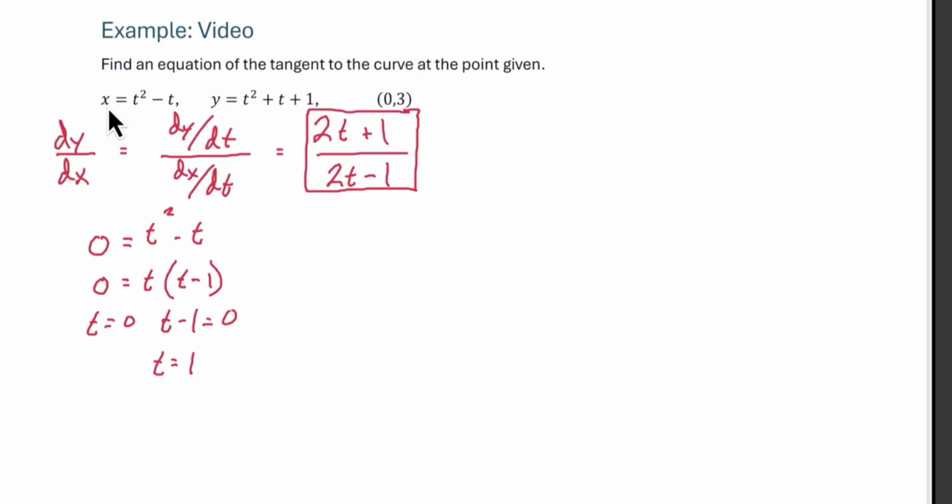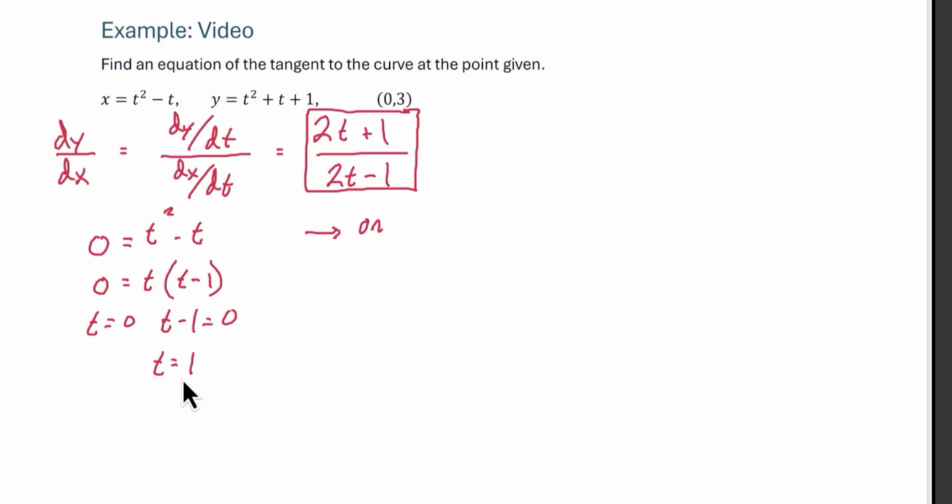Now, only one of those will give us the corresponding y value of 3. If we plug in 0 for t up here for y, so y equals 0 squared plus 0 plus 1, that is not equal to 3. So we're not going to use a t value of 0. Let's see what happens when t is equal to 1.